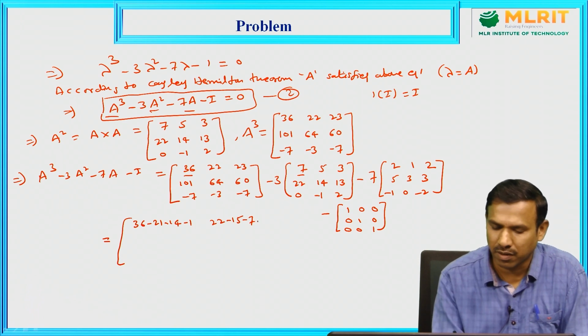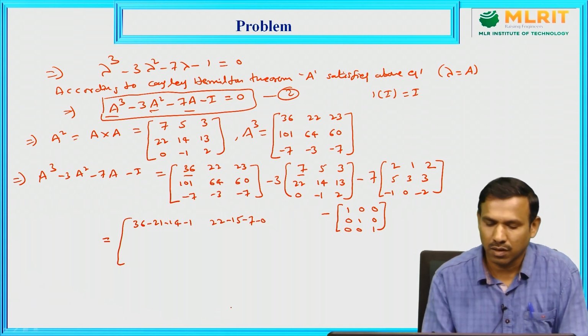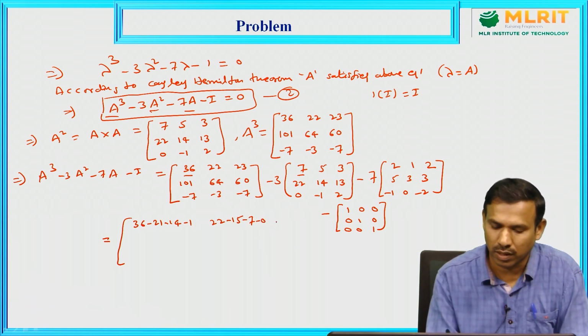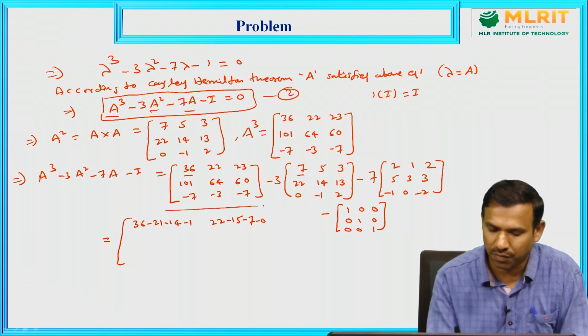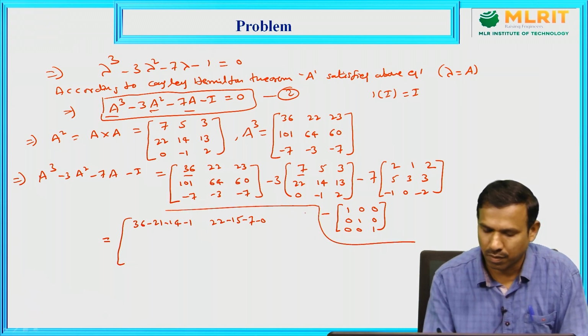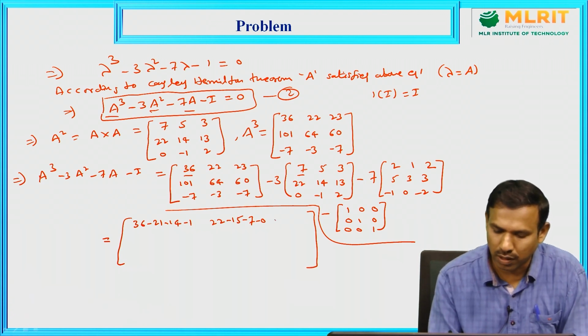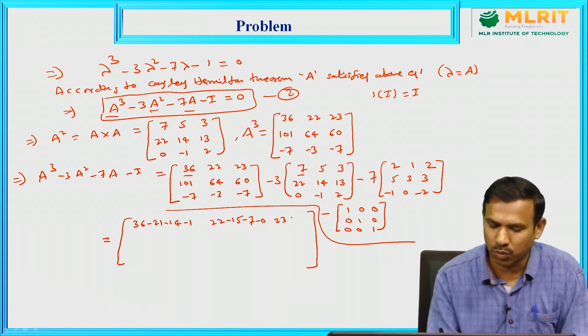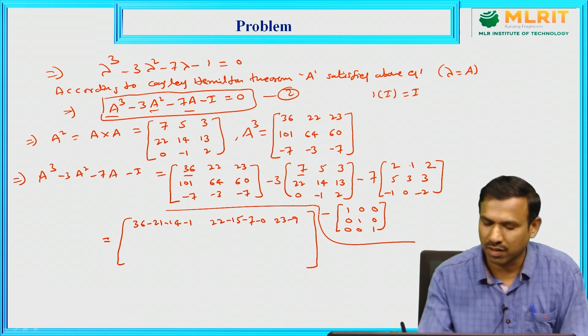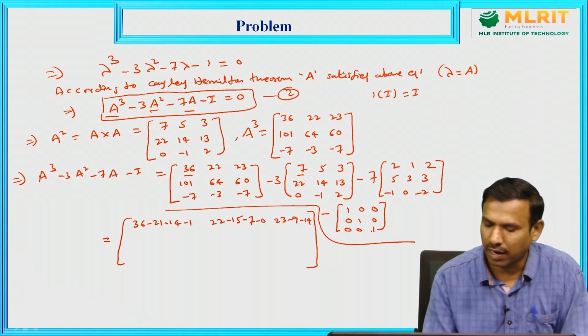The last element is 0, right? Similarly third element 23, here I am separating this one, right? Now third element 23, minus 3 into 3, minus 9, minus 7 into 2, minus 14, and the last element is 0.